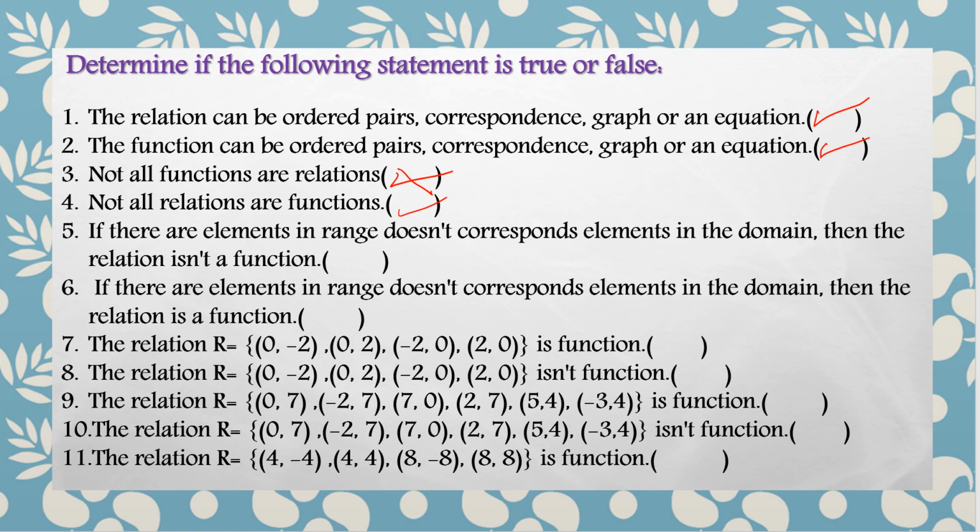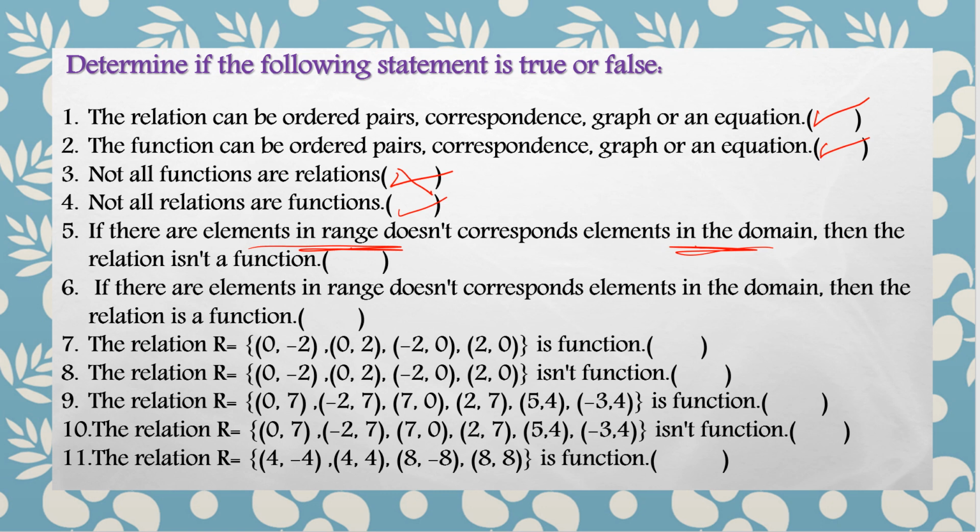Statement 5, if there are elements in range that don't correspond to elements in the domain, then the relation isn't a function. Again, if there are elements in range that don't correspond to elements in domain, then the relation isn't a function.